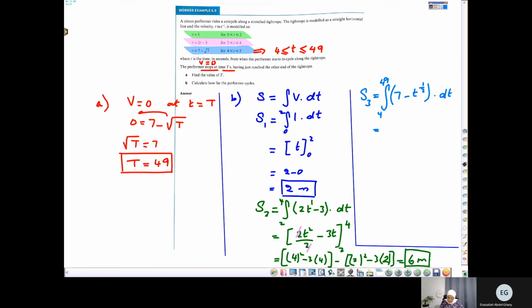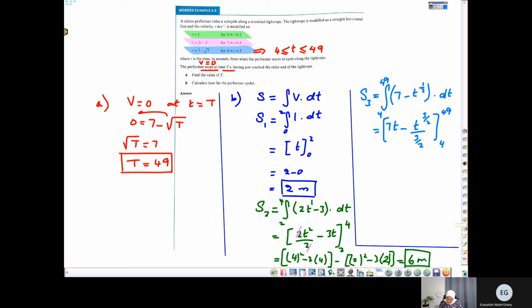So S3 will be the 7, you just stick a t because you are integrating with respect to time, to t. Don't always stick an x. Minus, increase the power by 1, divide by the new power. No c. So half plus 1 is 3 over 2. Remember that you are integrating from 4 till 49. Of course, when you divide by 3 over 2, then it is 2/3.